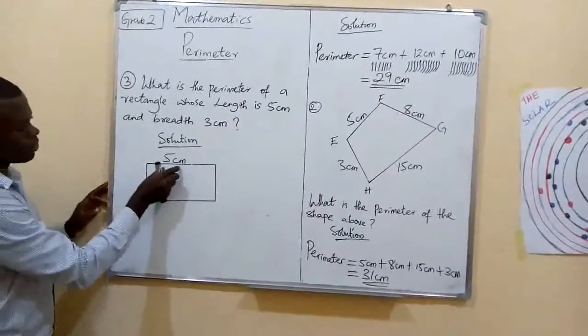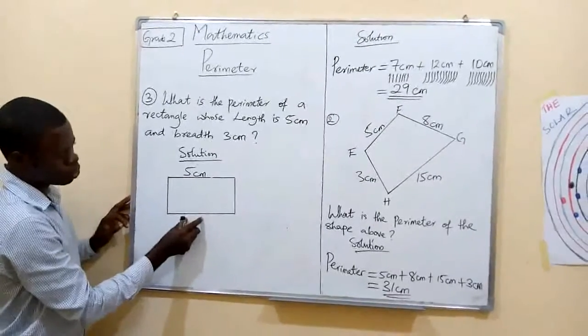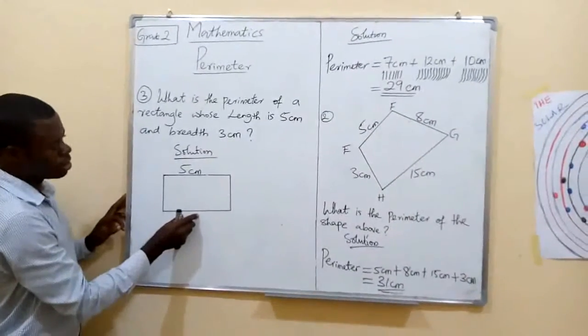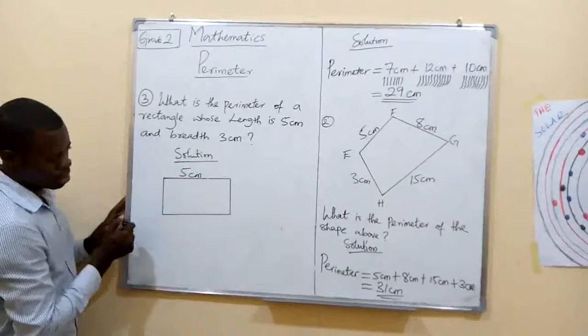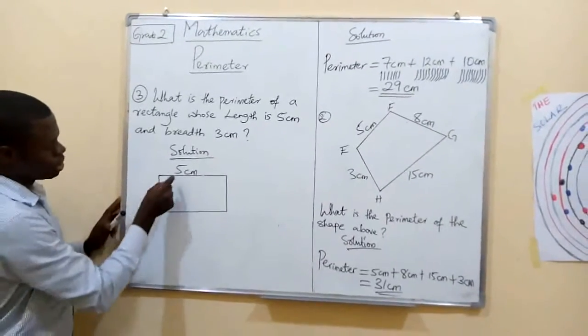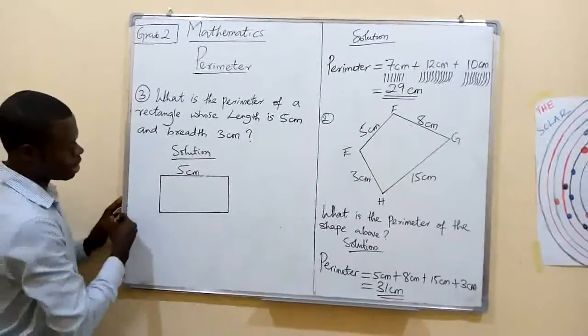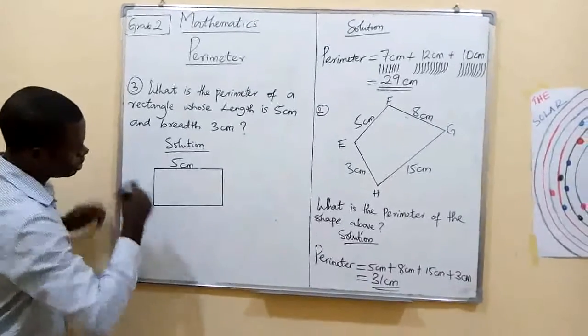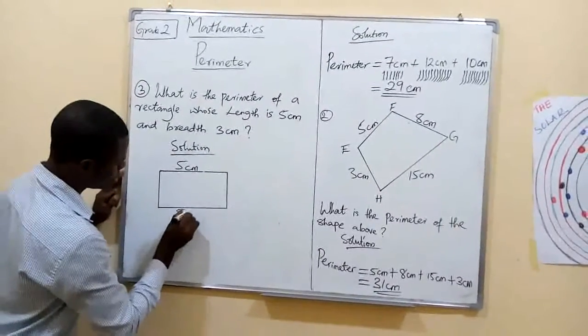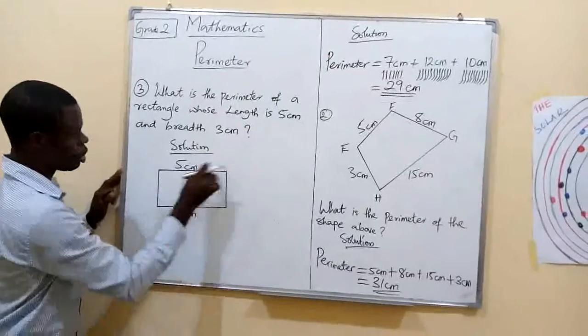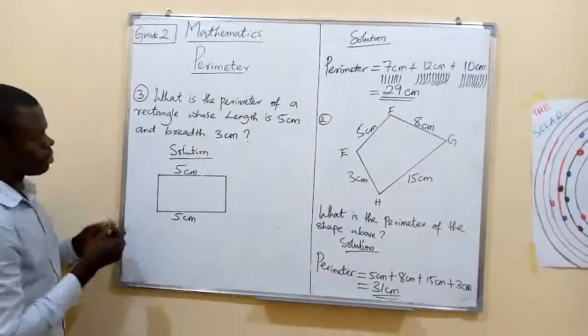And if this side is 5 centimeters, this side is also called a length of a rectangle. So if here is 5 centimeters, here also will be 5 centimeters, because the length up is equal to the length down.